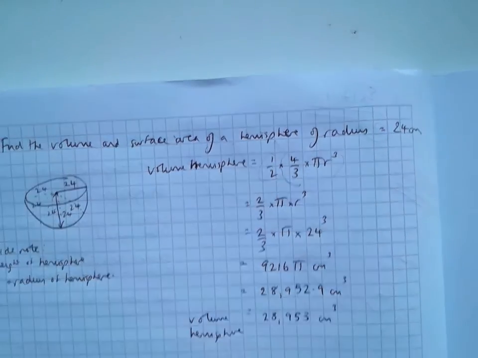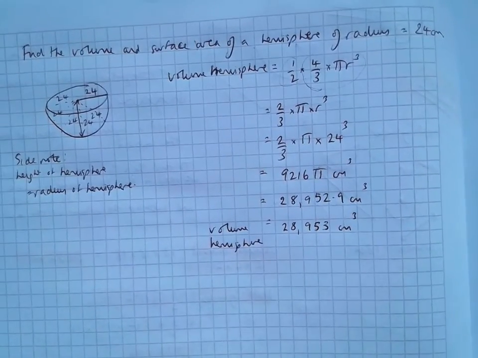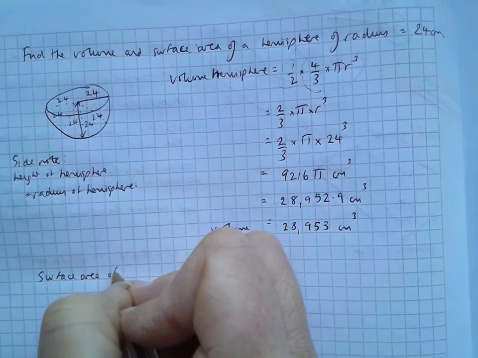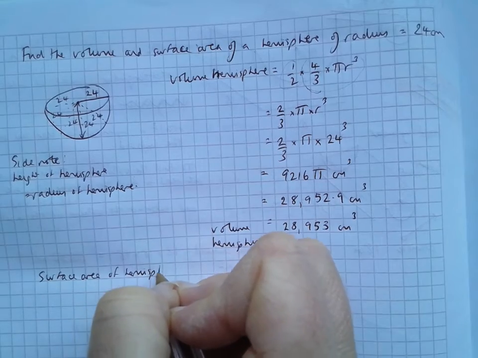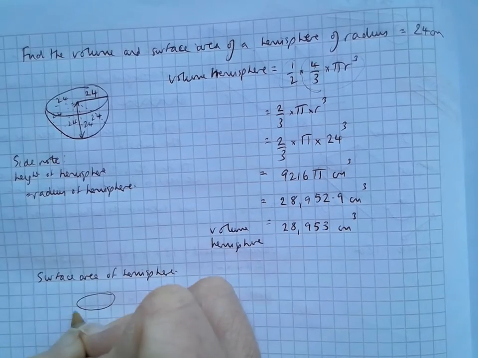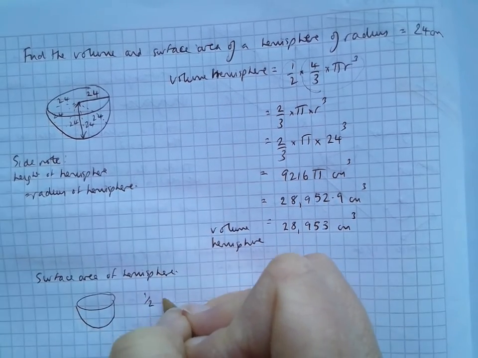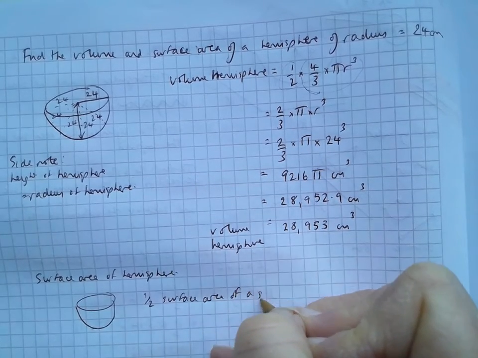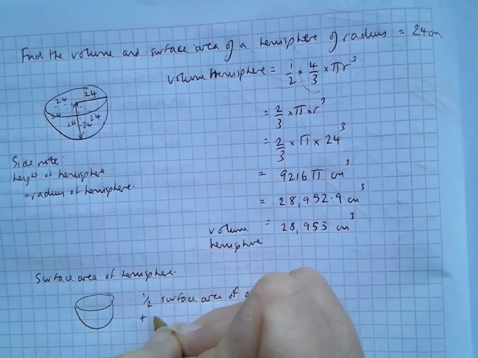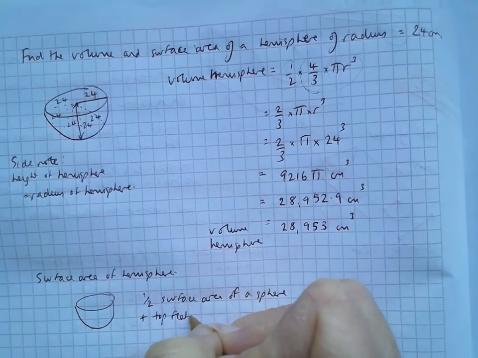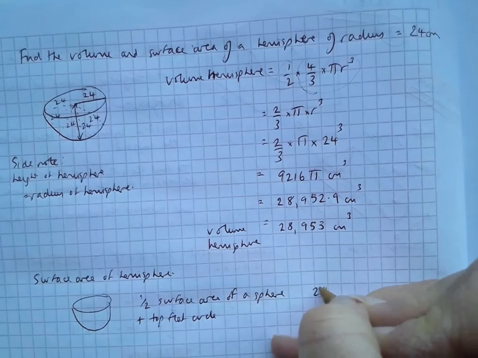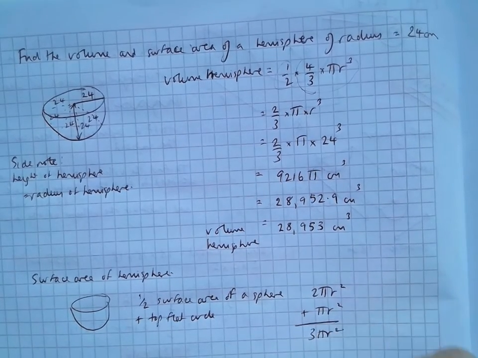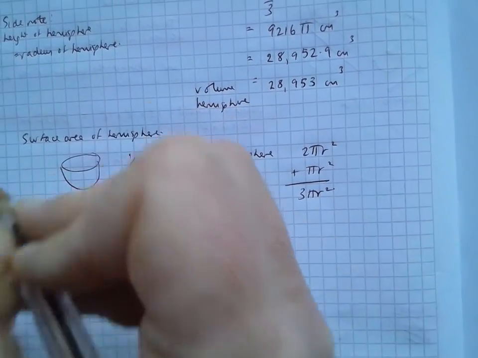Okay, so then we have to find the surface area. And remember what we said about the surface area of the hemisphere is that it's made up of half of the surface area of a sphere plus the top flat circle. So it's 2 pi r squared plus pi r squared, which is 3 pi r squared. So in this case our radius is 24.